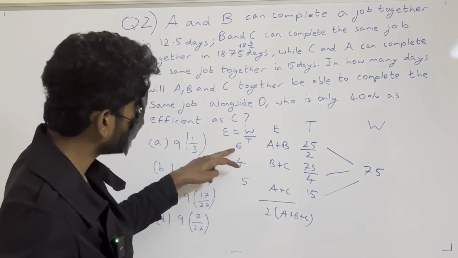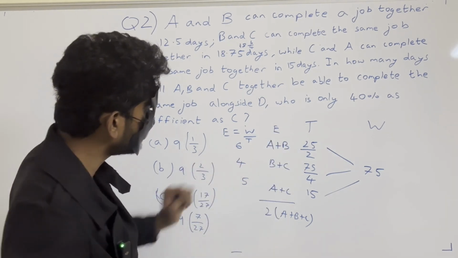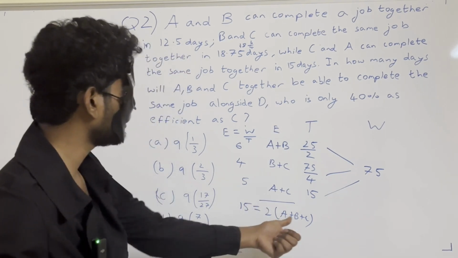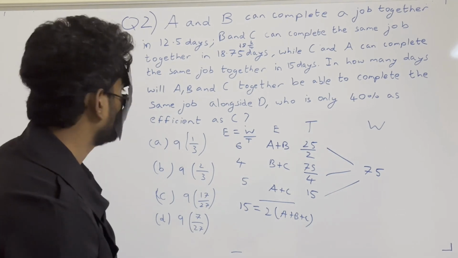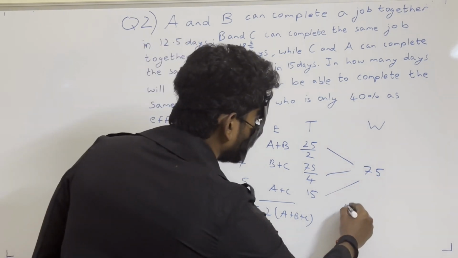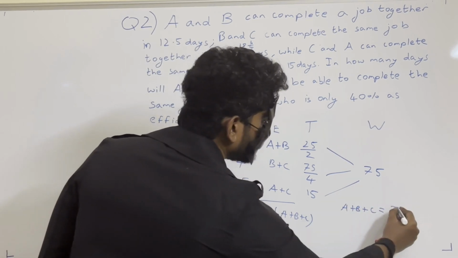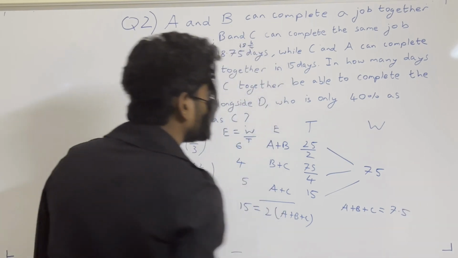So 6 plus 4 plus 5 is 15. So 15 is equal to twice of A plus B plus C. So A plus B plus C is 15 by 2, which is equal to 7.5.